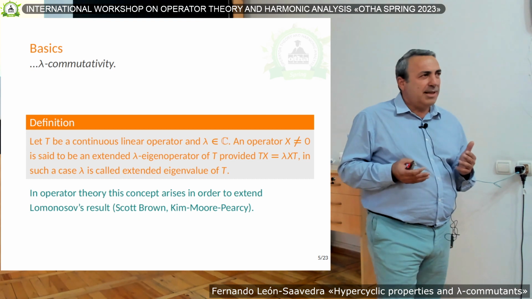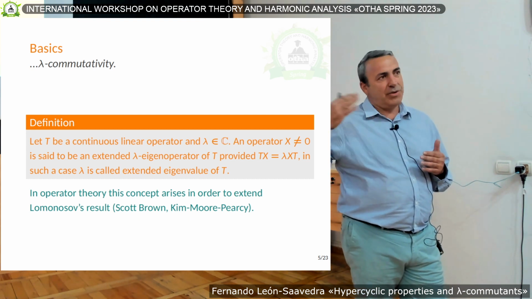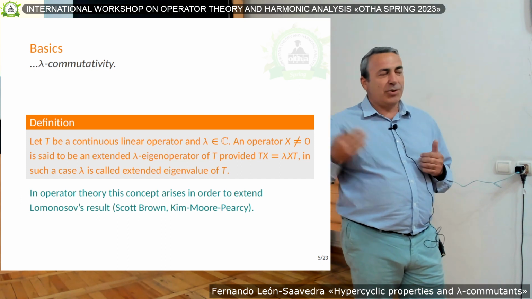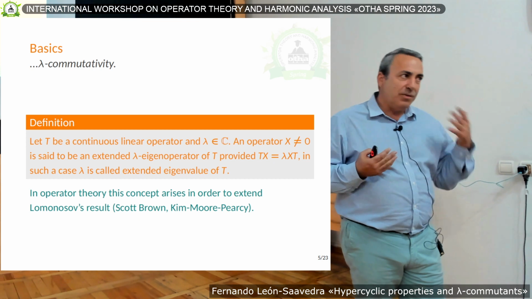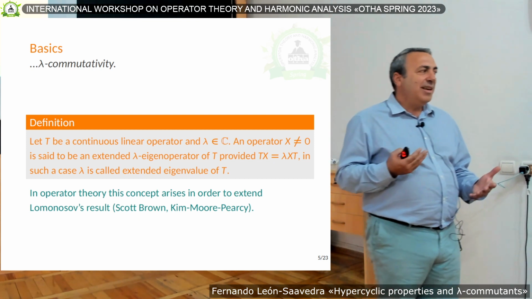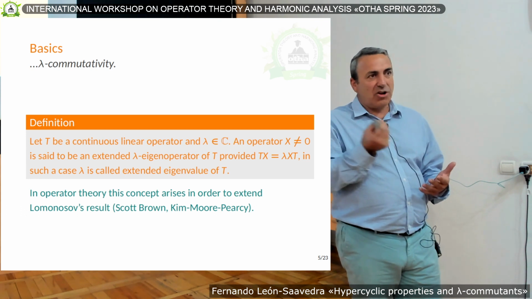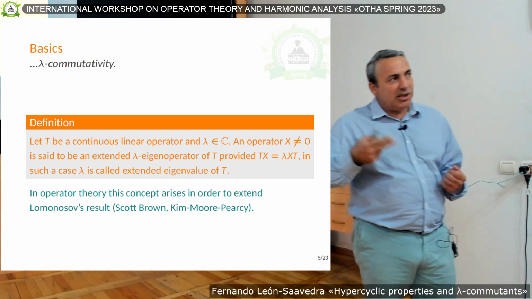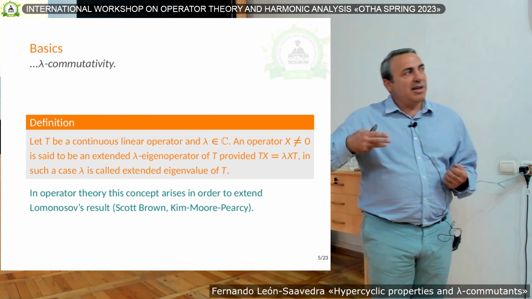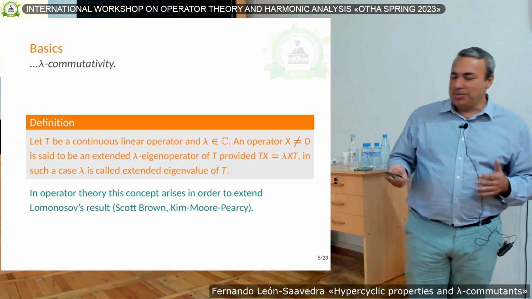They proved that the famous Lomonosov theorem on the invariant subspace problem is true not only for the commutant, but also for the lambda commutant. If an operator has a non-trivial compact operator in its lambda commutant, the operator has a non-trivial hyperinvariant subspace. You know, so simple terminology.